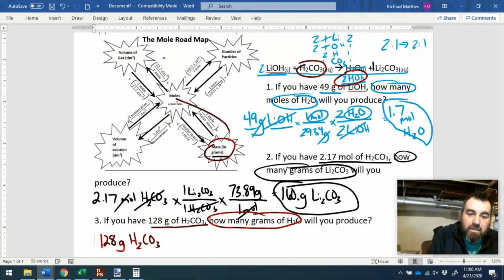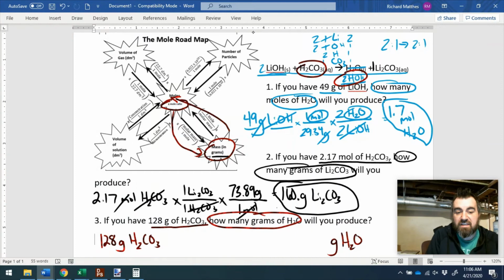I need to go into moles, then use my mole ratio and come back out to mass in grams. I'm still using the grams unit, but the number of moles of H2CO3 and the number of moles of H2O are different. So we have to go into moles first and then come back out, because remember, moles is what allows us to convert from one substance to another, knowing the balanced equation.